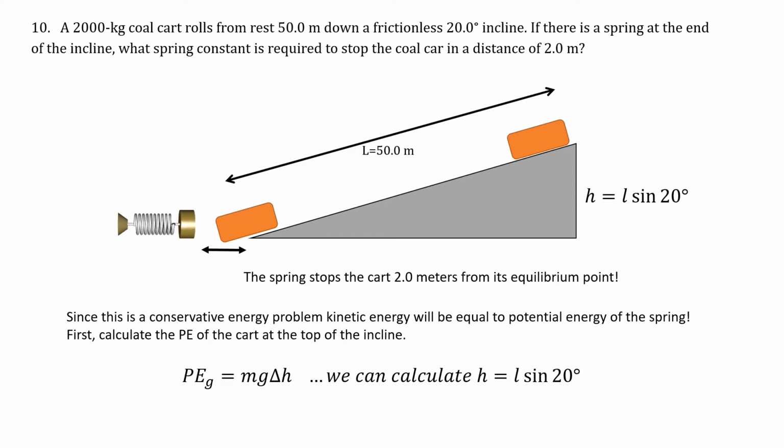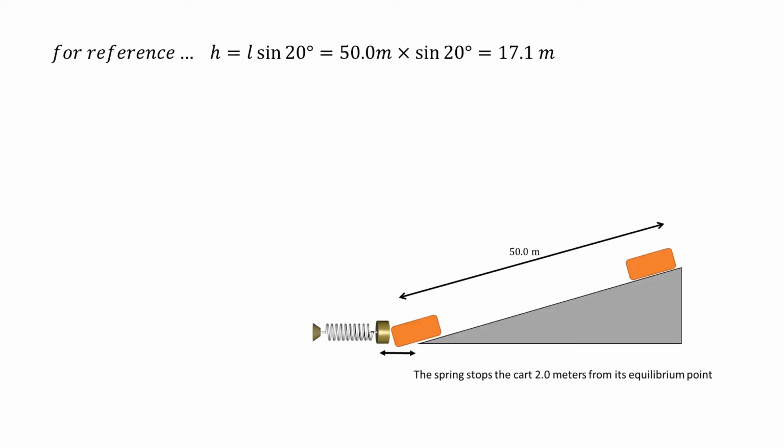So we can use the potential energy equation. We just need to replace H with the length times the sine of 20 degrees. So for reference, I got this up here just to remind us. And we're going to use the potential energy equation to find the total energy in the system.